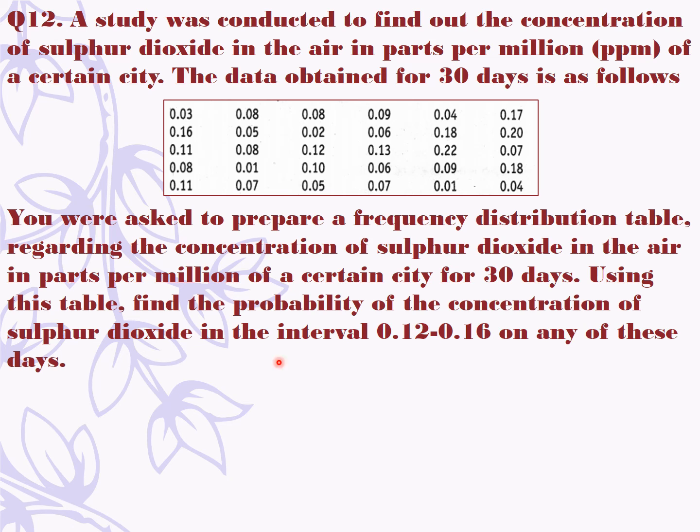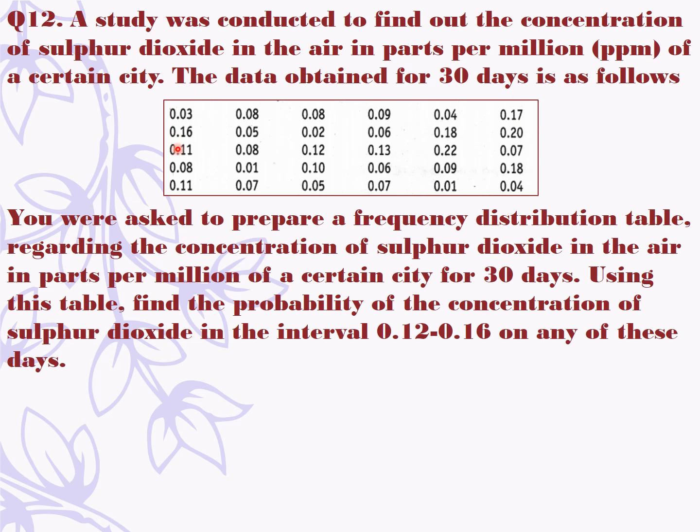So since we have to work with this particular interval, let us find out how many such values or outcomes are there in this data. As we can see, the first one is 0.03, which does not lie in this range. 0.08, 0.09, 0.04, none of these lie in this range.